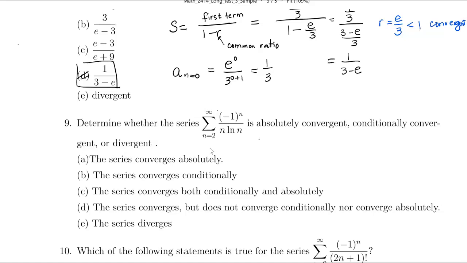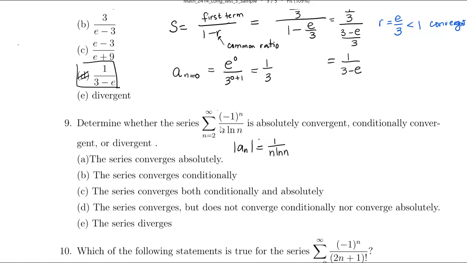But if we get a divergence, we might get conditionally convergent, so we'll have to do another test. So it's better to get first the absolute value. The absolute value of a sub n here is just 1 over n times ln n.